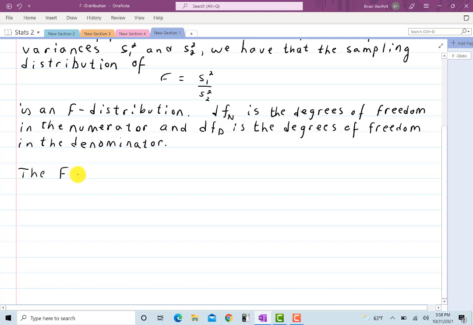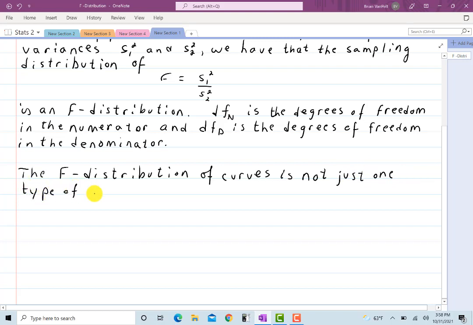Furthermore, the F distribution of curves is not just one type of curve, but a family of curves.